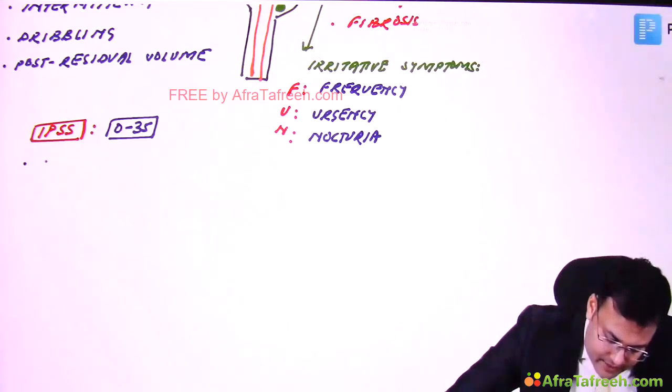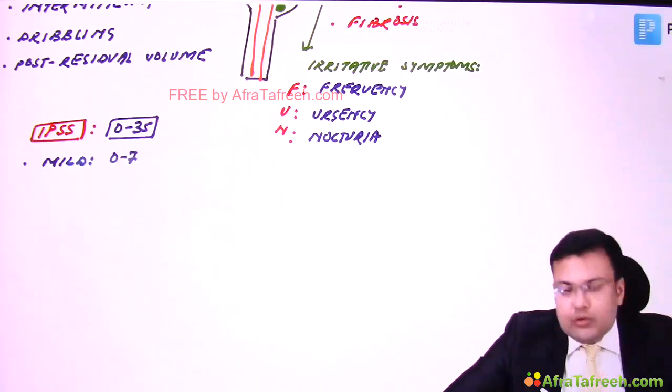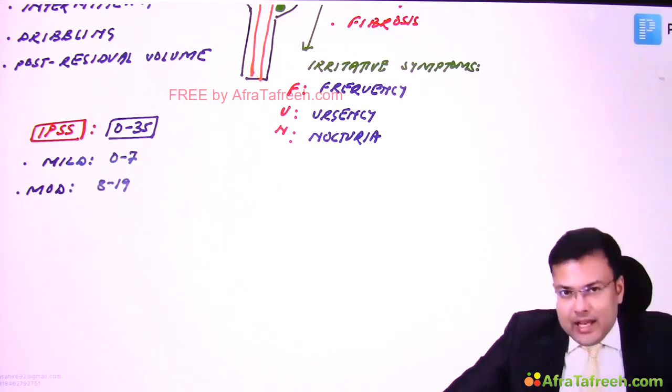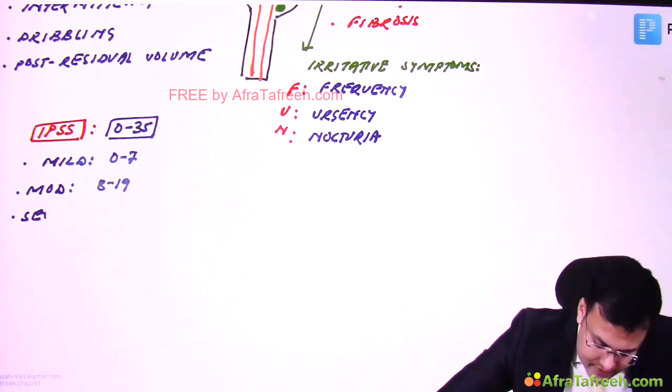If it's mild, the score is between 0 to 7. If it's moderate, the score is 8 to 19, and if it's severe, the score is 20 to 35.